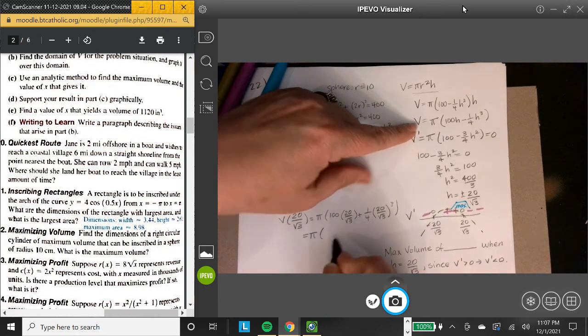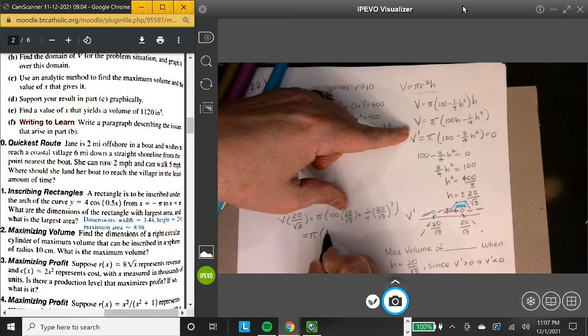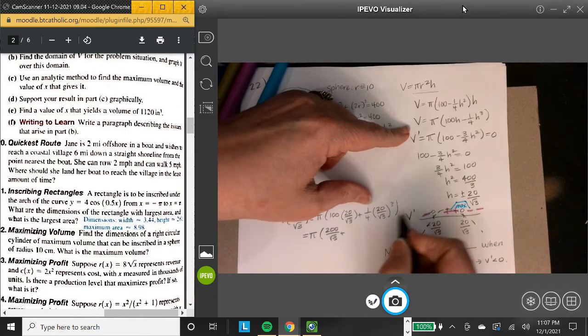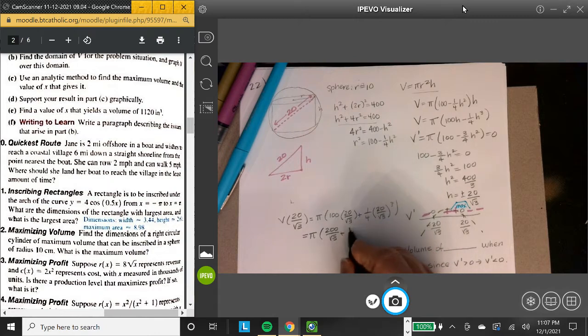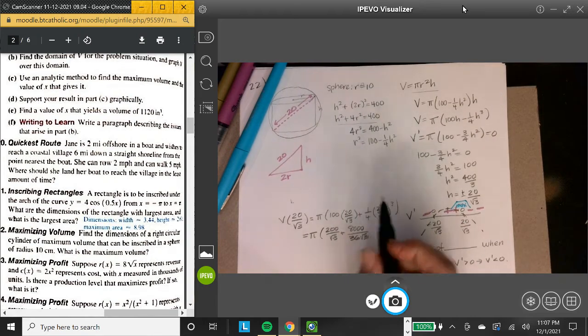That's going to be pi times, this is going to be 200 over root 3 plus 20 cubed. 20 times 20 is 400 times 20 is 8,000 over, well, root 3 cubed is root 3 times root 3, which is 9 times root 3. So this is 36 root 3.